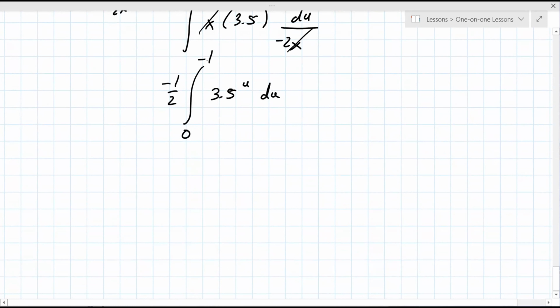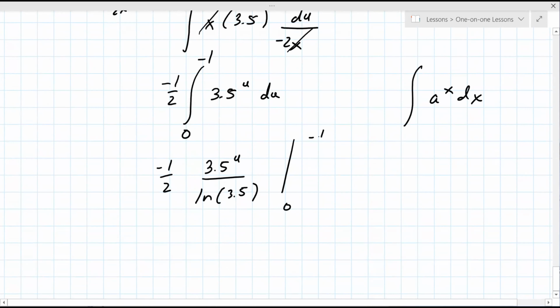This is like the previous problem, where it's the integral of a number to a variable. So this becomes 3.5 to the u over natural log 3.5. There's still a minus 1/2 in front, and you're evaluating it from 0 to minus 1. So this minus 1/2 is going to stay on the outside.